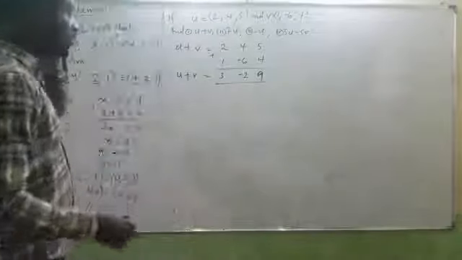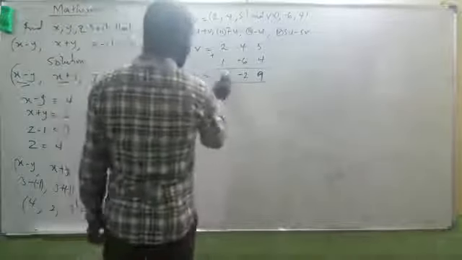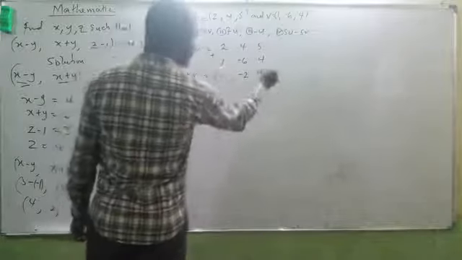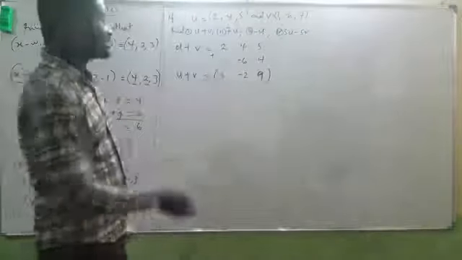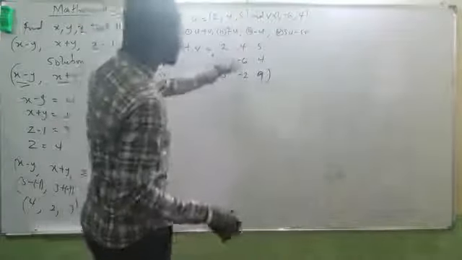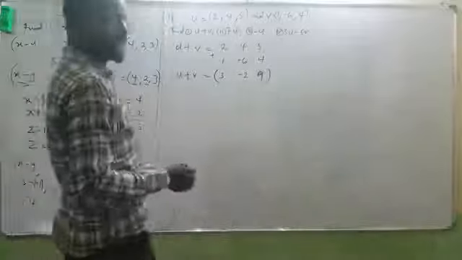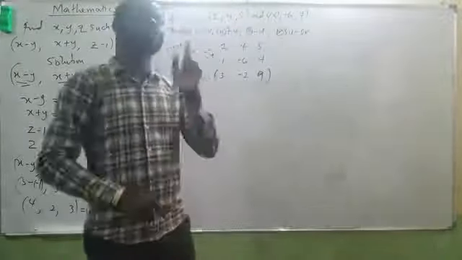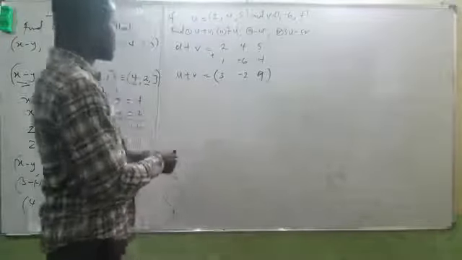Take note that it's a vector. It means i, j, k, a 3-dimensional vector. When you add two vectors together, or three or more vectors, you land at a vector.